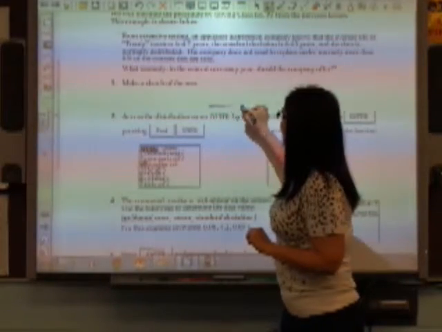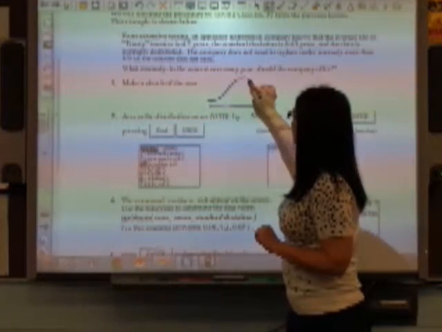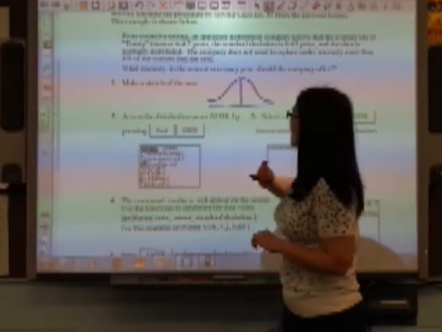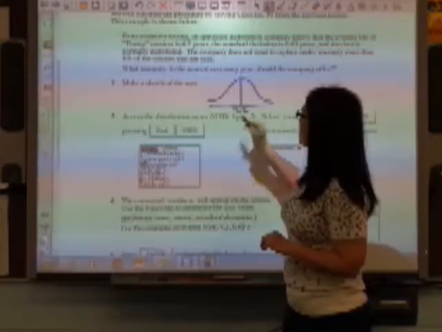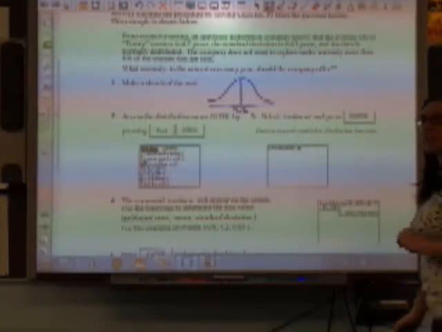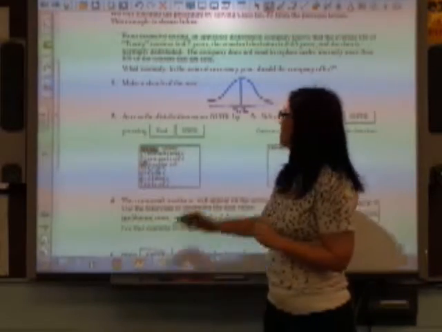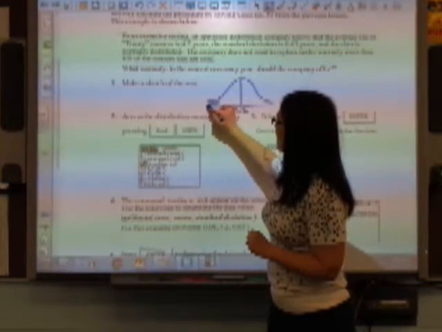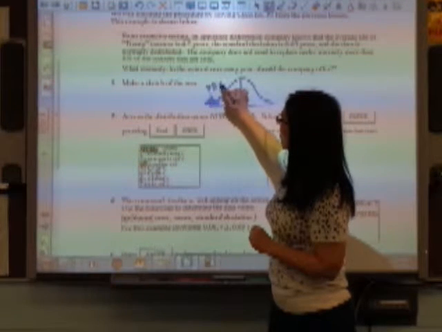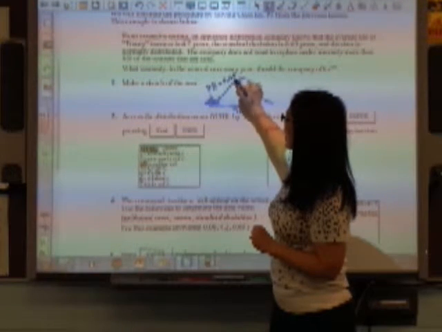So if I sketch this, normally distributed data, in the middle goes my average, 4.2. I want to replace 8%, or less than 8%. So that's this area down in here. This is my 8% area, or as a decimal, 0.08.